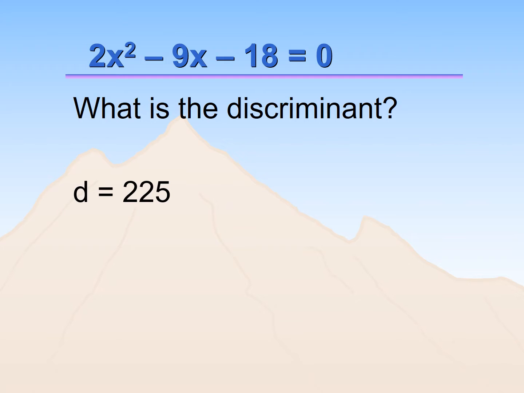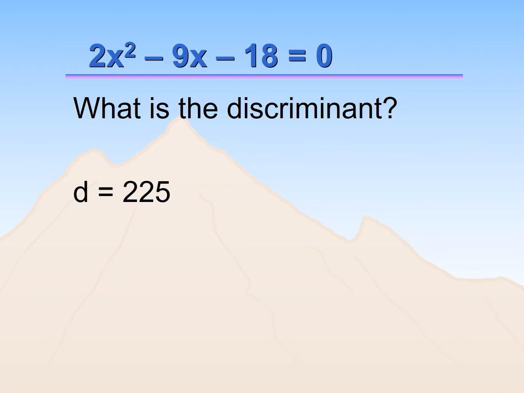That's because we did b squared, so negative 9 squared, which gave us 81, minus 4 times ac, so 4 times a, which was 2, times c, which was 18.